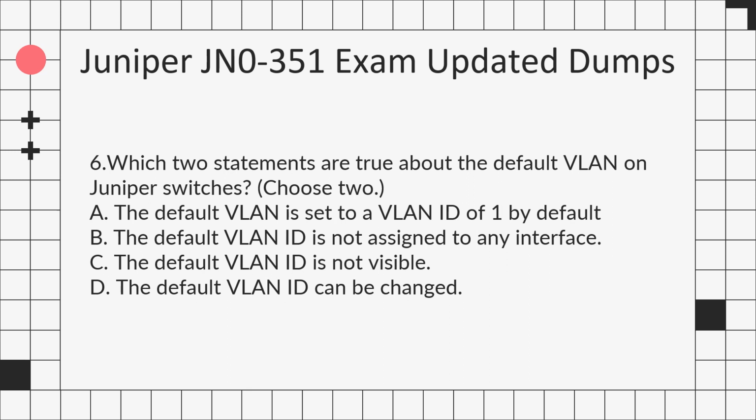Choose 2. A. The default VLAN is set to a VLAN ID of 1 by default. B. The default VLAN ID is not assigned to any interface. C. The default VLAN ID is not visible. D. The default VLAN ID can be changed.